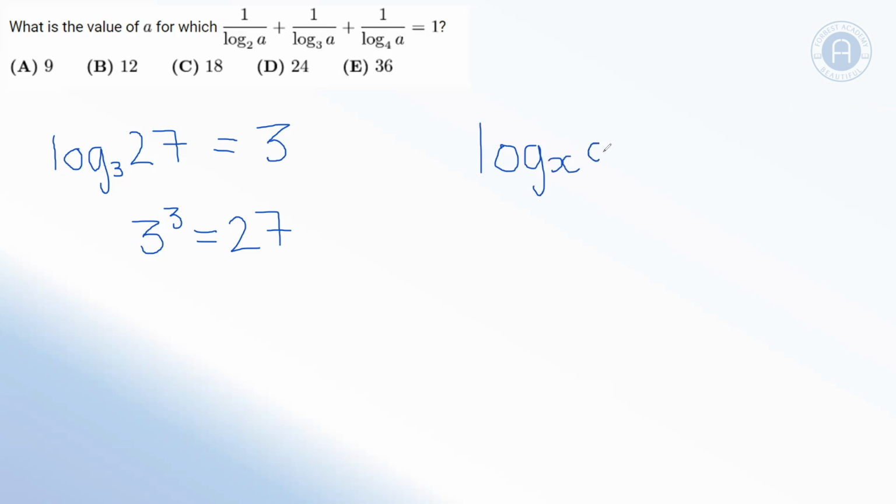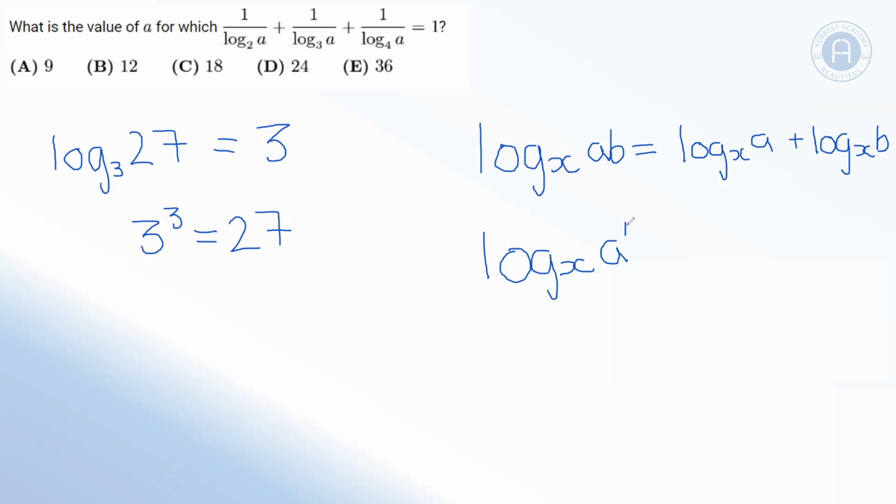Log base x of AB is the same as log base x of A plus log base x of B. We can also apply a division rule similarly, that log base x of A divided by B is equal to log base x of A minus log base x of B. We should also know a power rule, which is log base x of A to the power of B is the same as B multiplied by log base x of A.